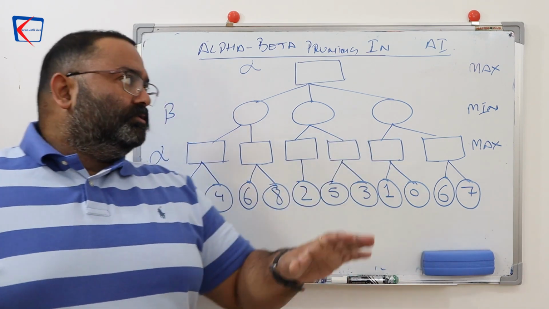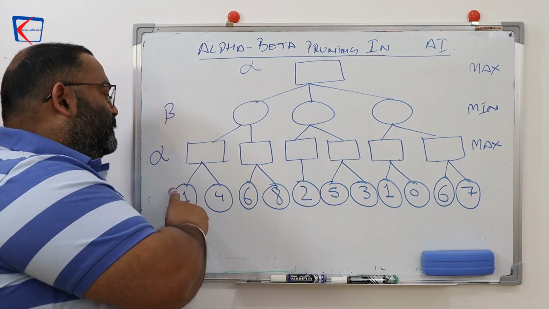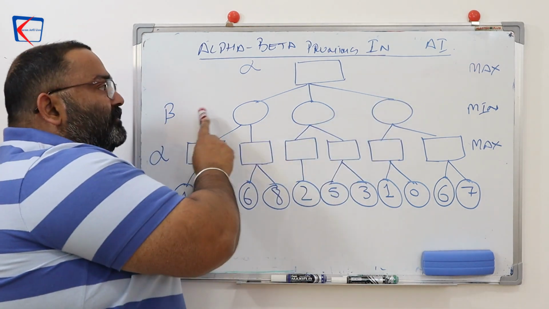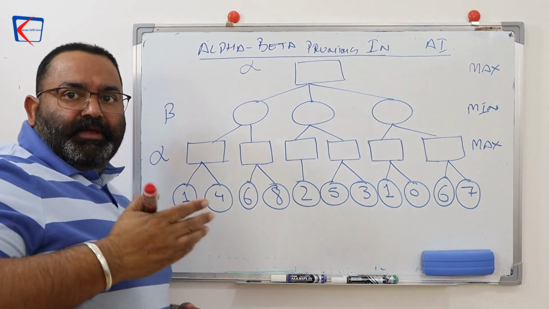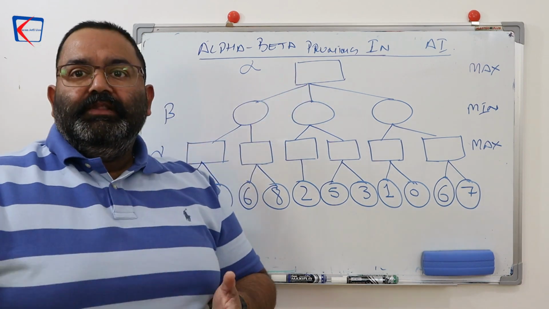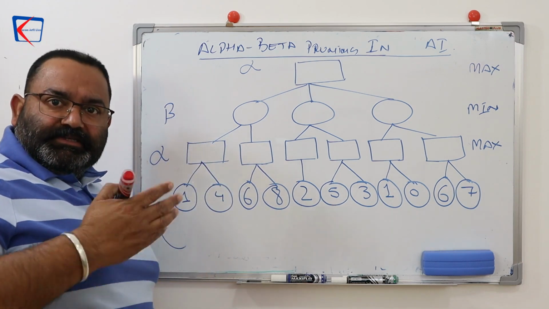Now how does it work? Here we have two variables: one is alpha, another is beta. Alpha represents your max and beta represents your min. At max, the alpha value will change, and at min, the value of beta will change.